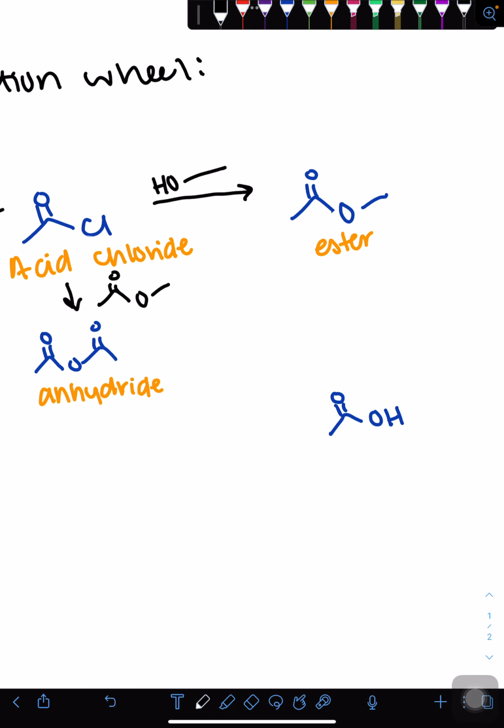We'd first have to react it with SOCl2 to give us the acid chloride. And then from there, we do the exact same thing we did here, so we'll add in the OH group with the methyl.